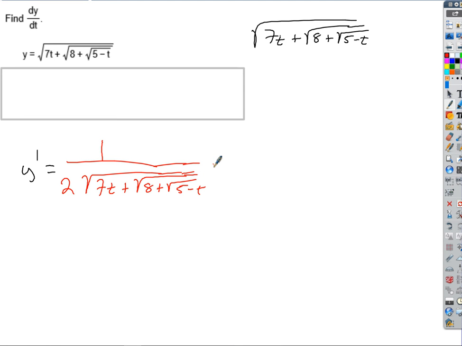Okay, and we did the first layer, so we can erase the square root.